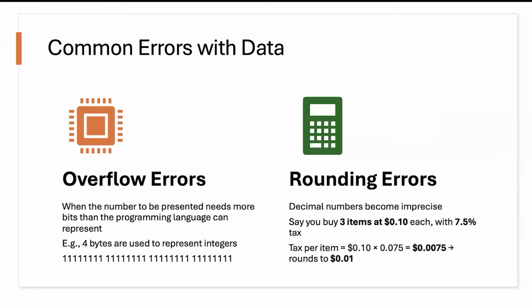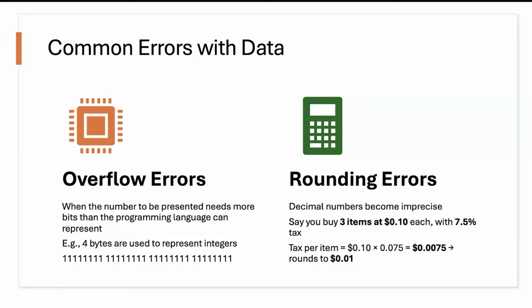For example, if in the computer system integers can only be represented by 4 bytes, meaning 32 bits, what if we have a really large number that is already all 1s all the way from the zeroth to the 31st bit? What if I want to represent a number that's larger than this? Then we don't have enough bits, right? So it will generate an overflow error.